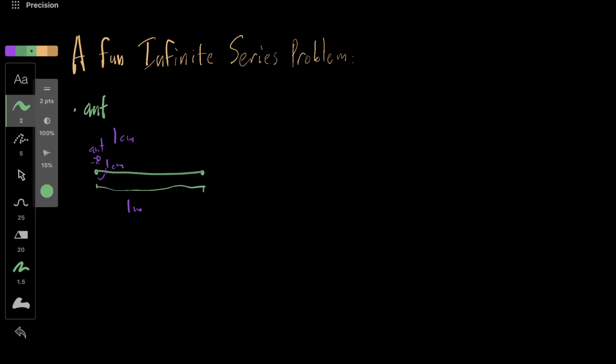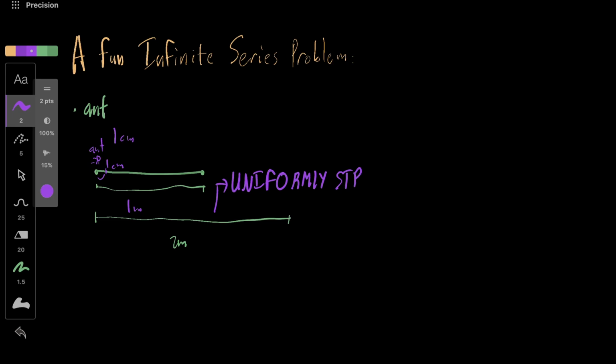So, in this first second, this ant goes 1 centimeter, and then the rubber band becomes 2 meters. Now, one thing to keep in mind, as I said earlier, it is uniformly stretched. This will come in very handy later.